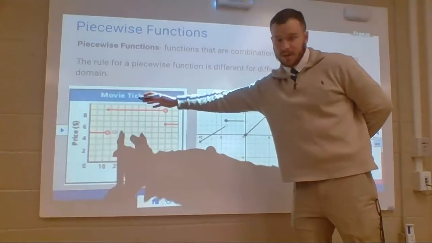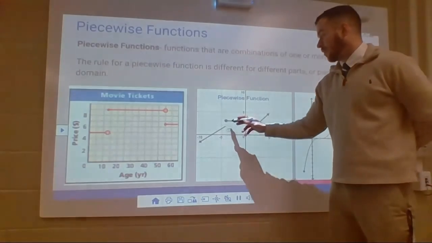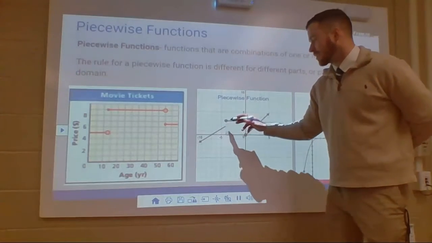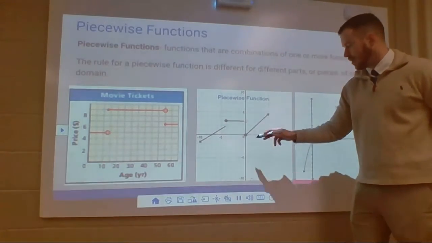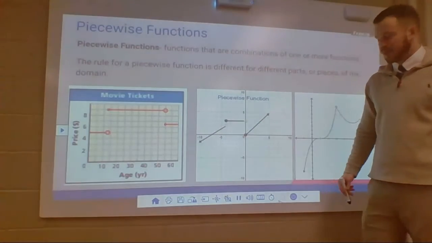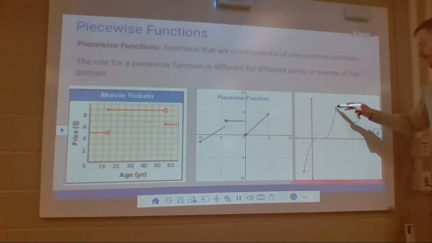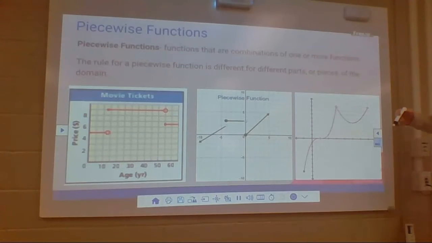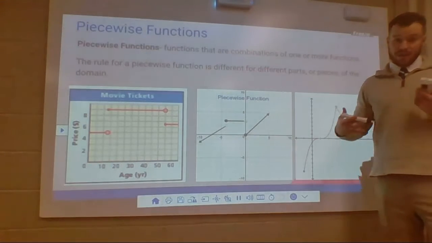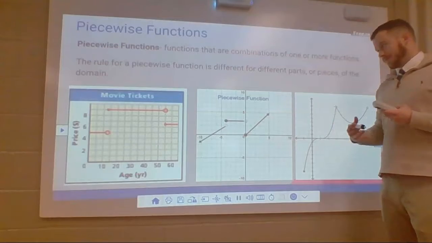Remember that? Remember the constant family, what it looks like? Well, in this graph we have a linear piece, a constant piece, and another linear piece. Okay, and then for this graph we have a cubic piece and then a quadratic piece. All right, so different pieces of that function will have different rules.